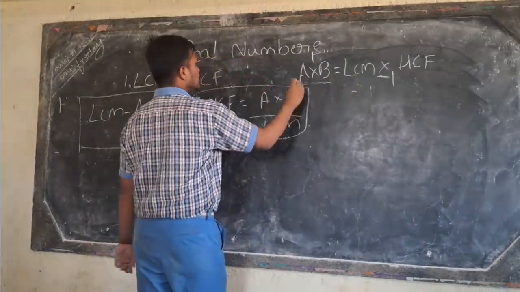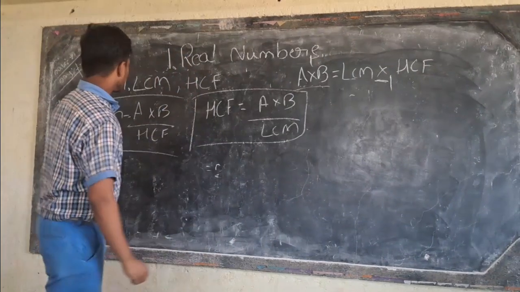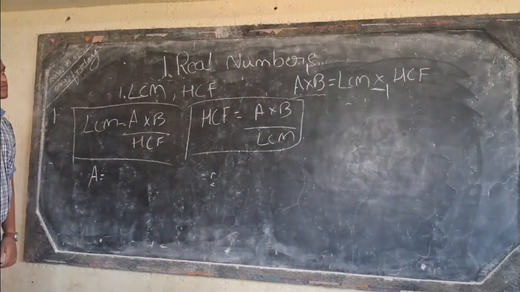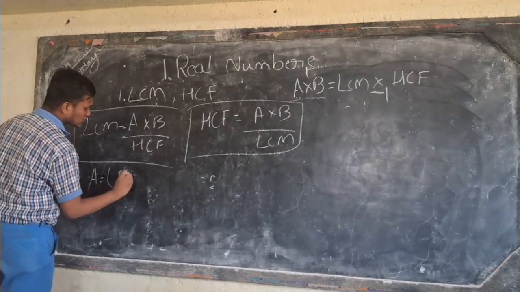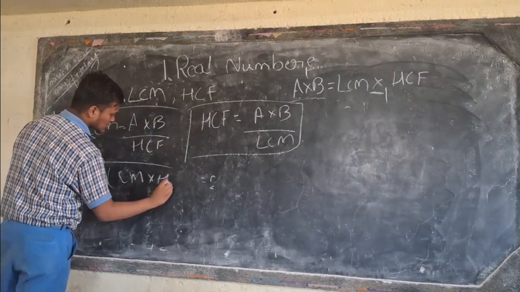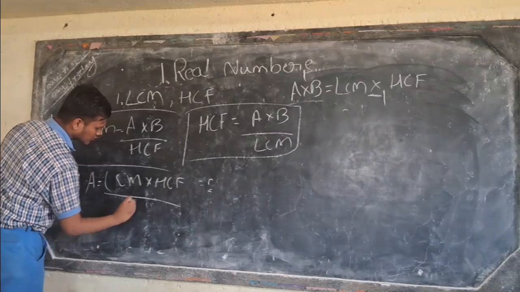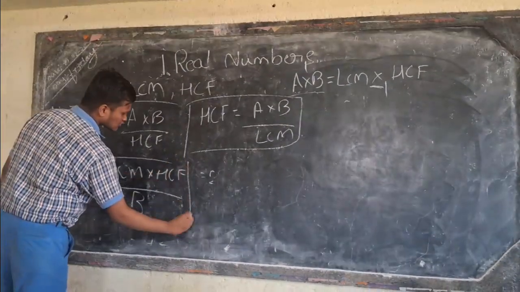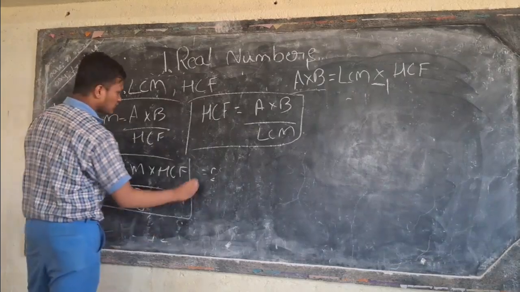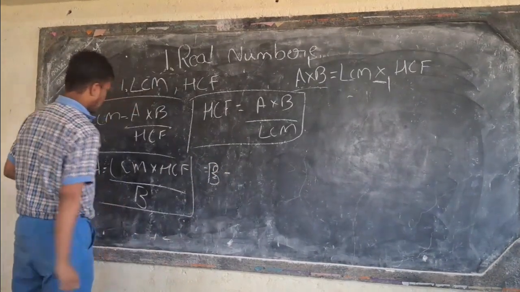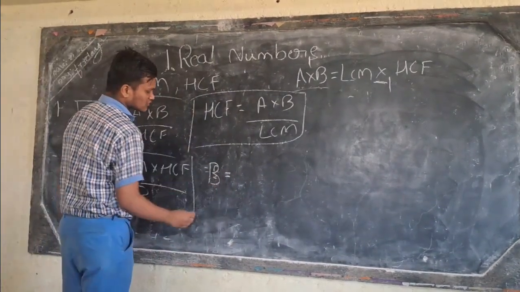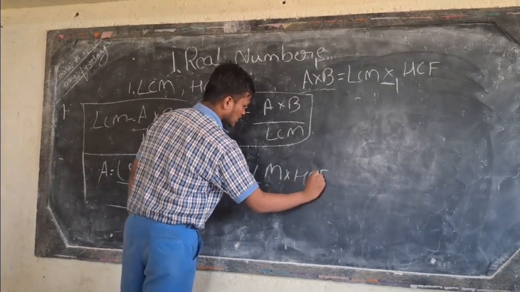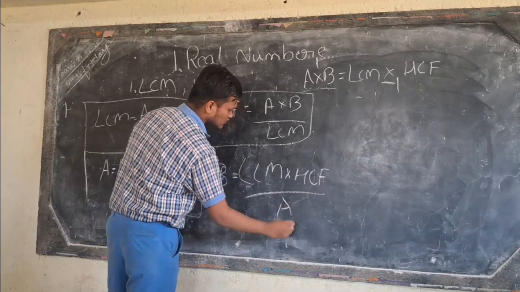They ask you to find the value of A. Then formula to find A, LCM into HCF divided by B. Correct. Similarly, to find the value of B, they have given A, LCM and HCF. LCM into HCF divided by A. Good.